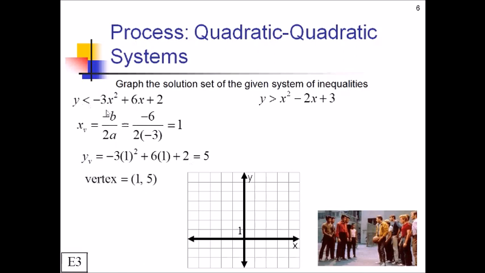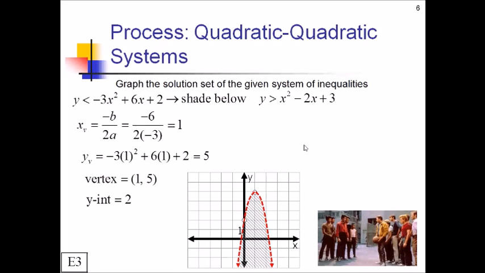No equals, so we have an open dot there at 1, 5. And now for the y-intercept, we have 2. So that'll be right there. Draw a branch through there. Draw the symmetrical branch going the other way, and it's going to go through 2, 2. That's the same distance away from your axis of symmetry. Less than, so we're going to shade below.